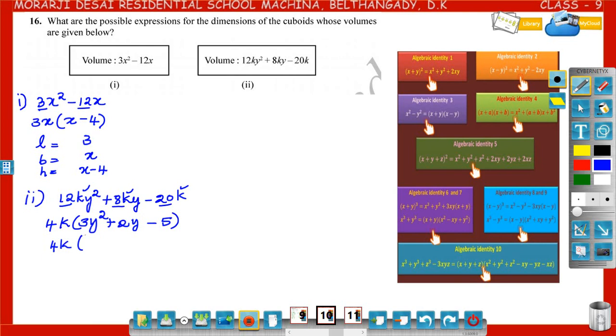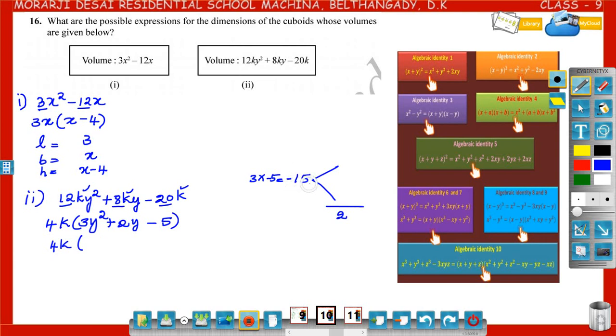Now you have to factorize 3y square plus 2y minus 5. By splitting method, 3 5s are 15. 3 into minus 5 is equal to minus 15. You have to split minus 15 such that the sum of the two numbers is 2.